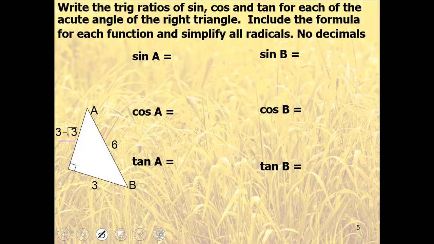All right, so let's focus on side A, and then this is my opposite, this is my adjacent, this is my hypotenuse. Remember, the hypotenuse is always across from the right angle. The sine of A is opposite over hypotenuse, which equals 3 over 6, which equals 1/2 reduced.